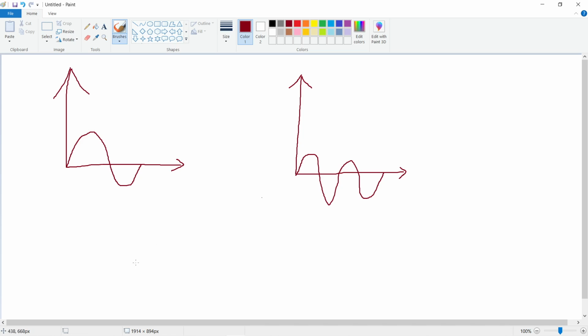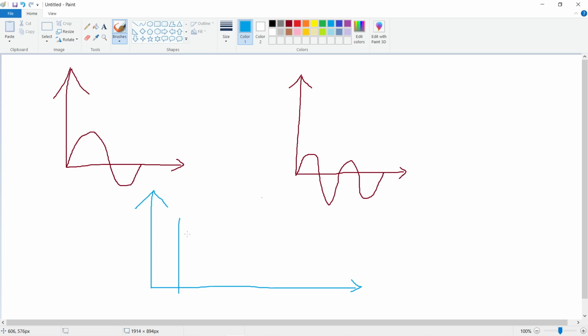I'll try to explain in more detail. Let's say this is your y-axis and this is your x-axis. Whenever we talk about a periodic composite signal, it will have distinct frequencies like this, then this, then this. In the case of a non-periodic composite signal, it will be a range.